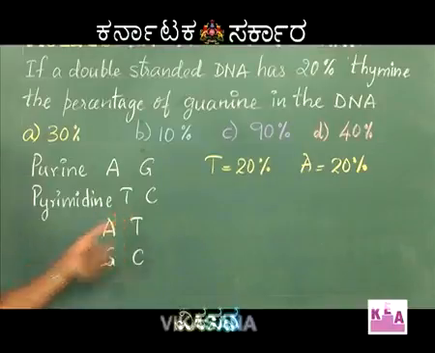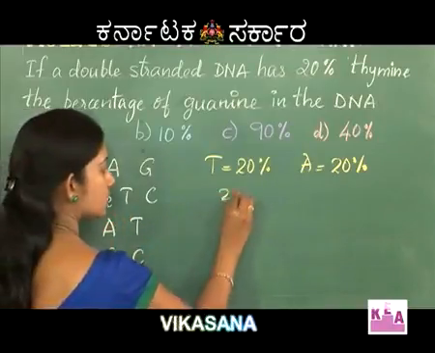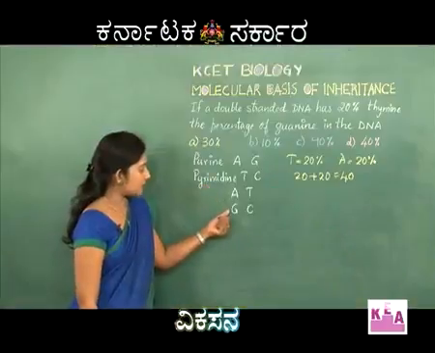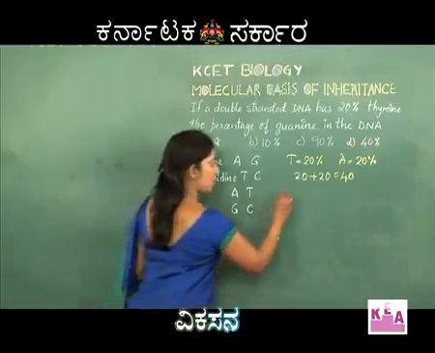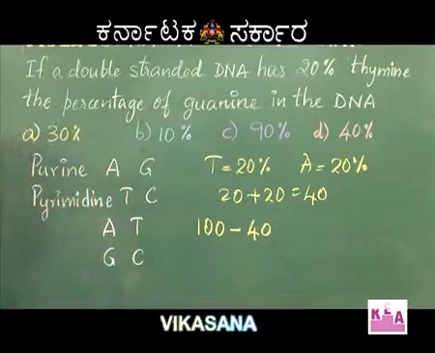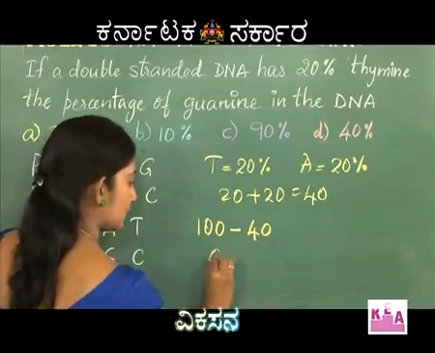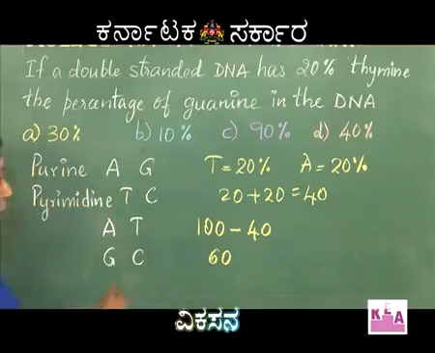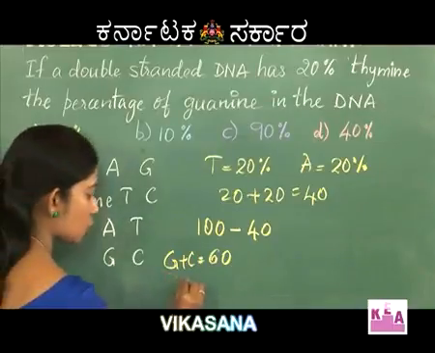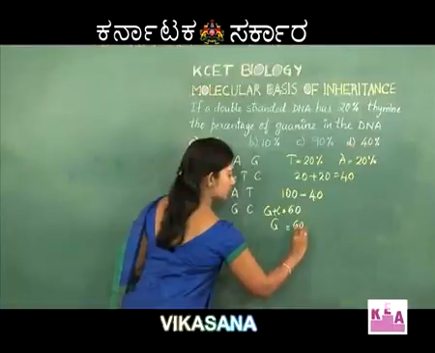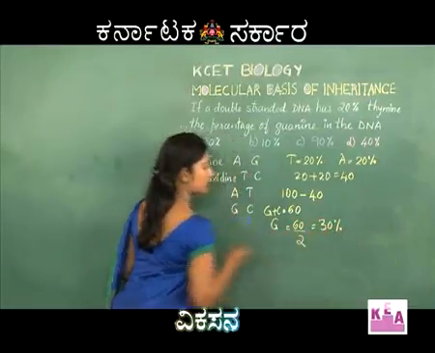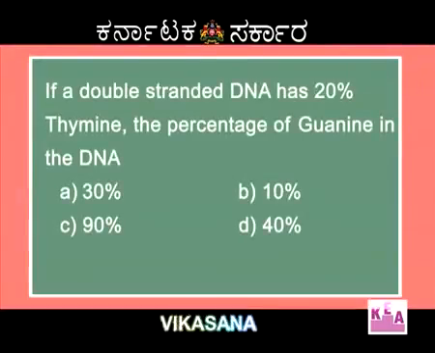So thymine and adenine together form 40. C plus G is equal to 100 minus 40. This gives 60. Now G plus C is 60, so the percentage of G is equal to 60 divided by 2, that is 30%. So the right answer is A.